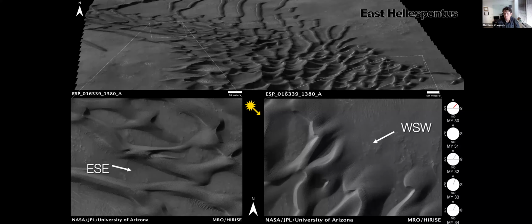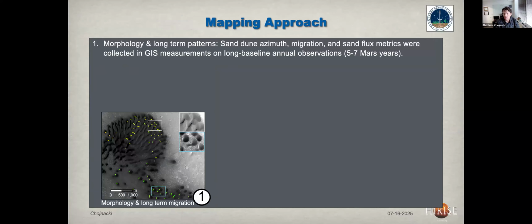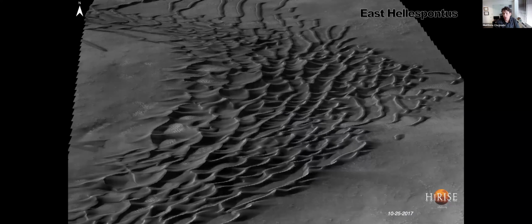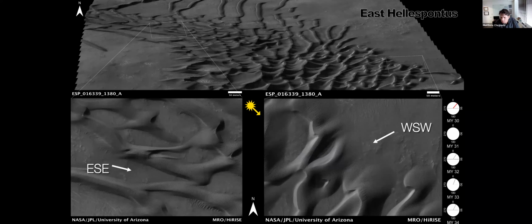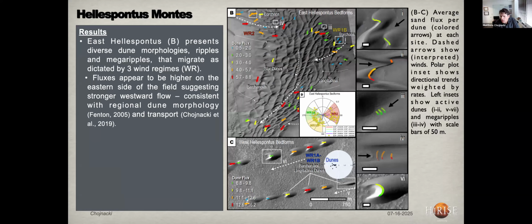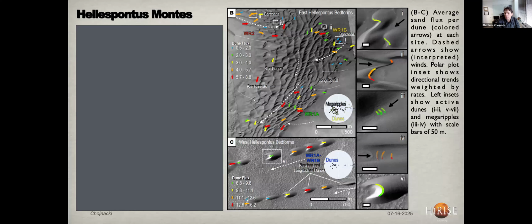I didn't really go over the next thing that we're about. Oh, let me see this plot here. 3 and 4, those little subplots, those are megaripples that are migrating in different directions.